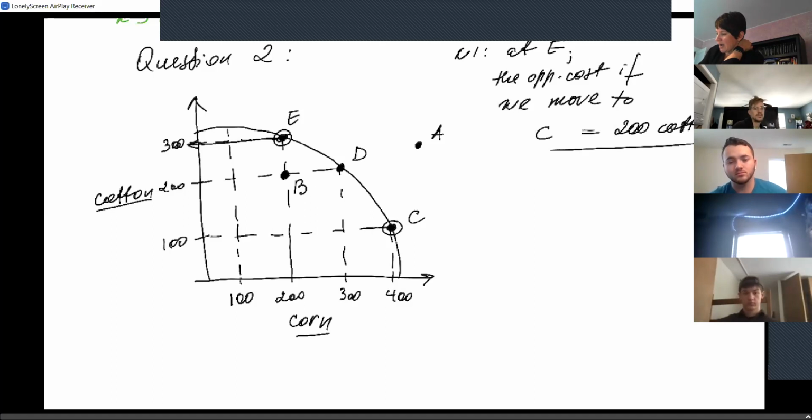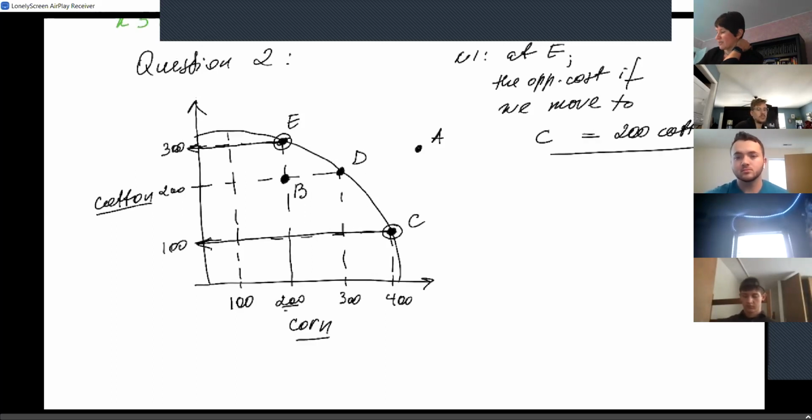Point C comes with only 100 units of cotton. E also comes with 200 units of corn and C with 400 units of corn. So in corn, as we move from E to C, we're gaining. That's not the problem. The problem is the loss, and the loss is moving from 300 units of cotton to 100. And therefore the answer, 200 units of cotton. Okay, very good.